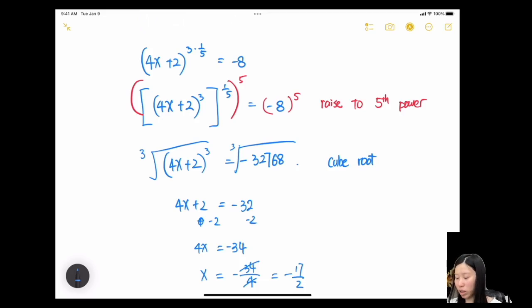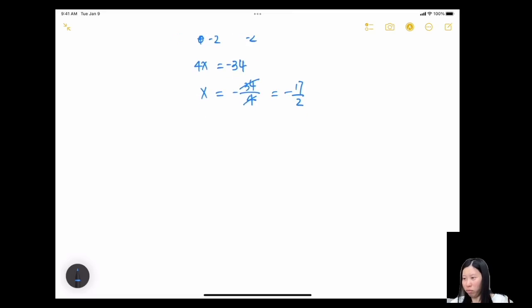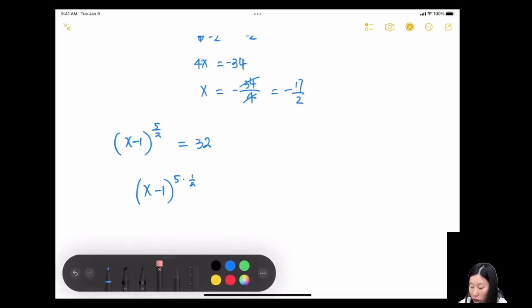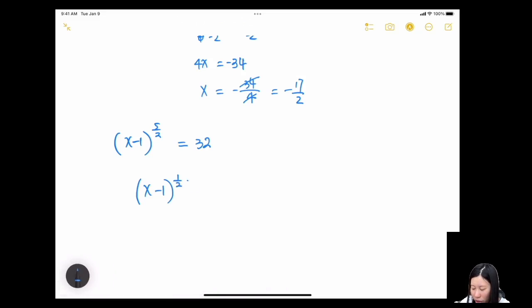Okay, I want to do another one. x minus 1, to the 5/2 power, equals 32. Again, you can view it as 5 times 1/2, or the opposite way, 1/2 times 5.